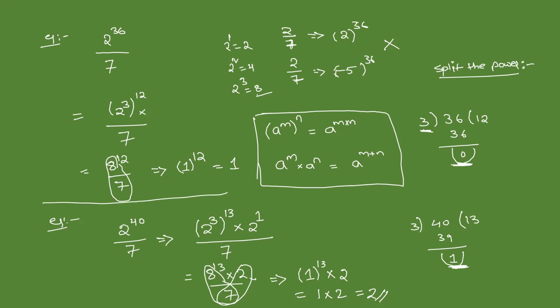For example, if the required one is 2 power 4, we will divide the number with 4. If there is no remainder, very good, we can directly solve it. But if you get any remainder, take that remainder as a power here. Clear? Please be careful while solving this type of problems.